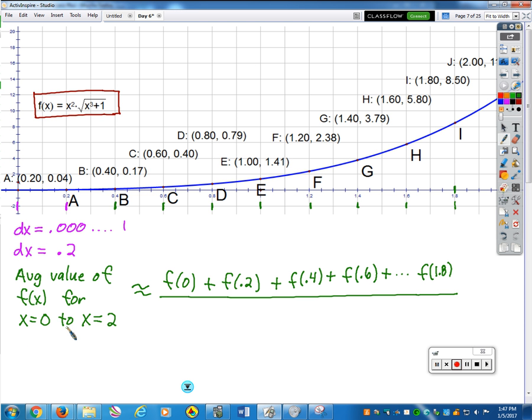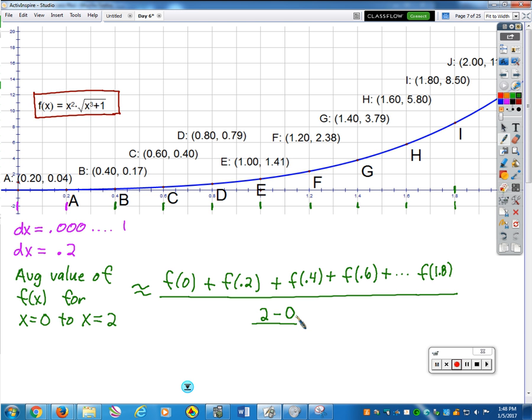You can figure out the width by taking the end of the interval and subtracting the beginning. So I wrote 2 minus 0, but you need to remember this is simply the end of the interval. This is the beginning. Because on the homework, you're going to have a lot of different intervals. Questions about that? So you're simply taking the end of the interval, subtract the beginning of the interval that you're trying to find the average for.